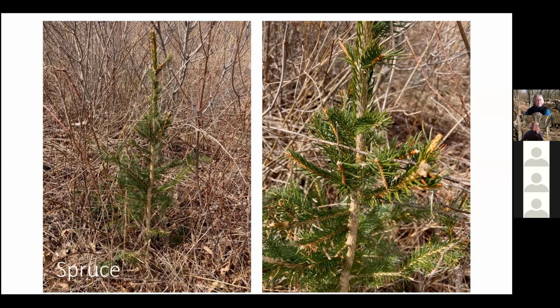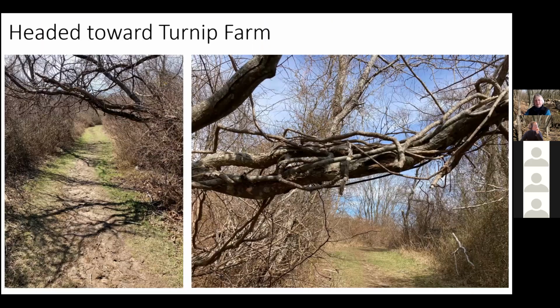Spruce. All right. So we're still going left. I noticed it's always interesting to look at these branches that are halfway fallen across the pathways. For one thing, they're not usually so low that they're a problem, especially not for me, but they're always interesting in what they have twined around them.